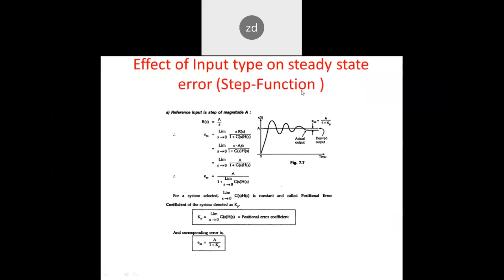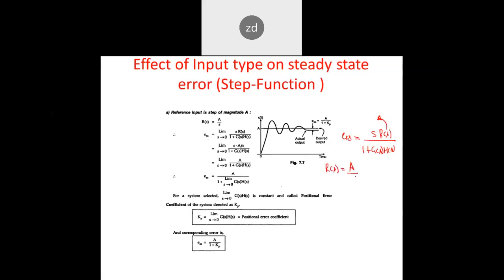Suppose we have a response, and it's not a unit step, it's just a step input. Let's check the response for the step input. If I take the error equation E of s as s R of s by 1 plus G of s H of s, and give my input as a step input, R of s is A by s, since it is not a unit step.